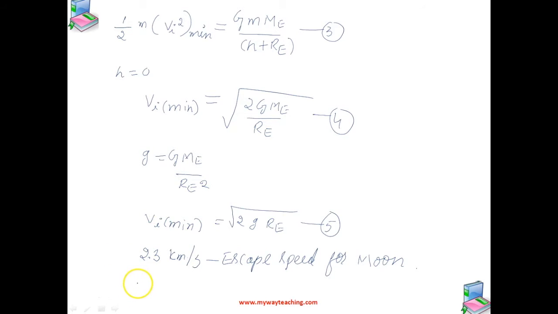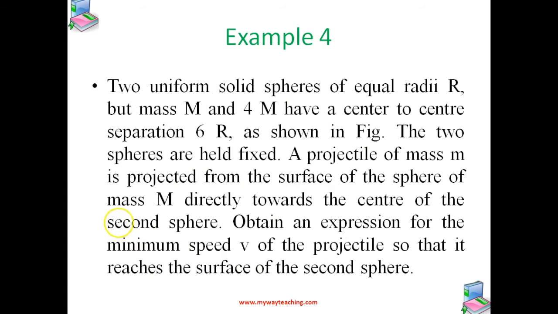Okay, now let us see a very simple problem. Two uniform solid spheres of equal radii r but mass m and 4m have a center to center separation of 6r, as shown in the figure. The two spheres are held fixed.